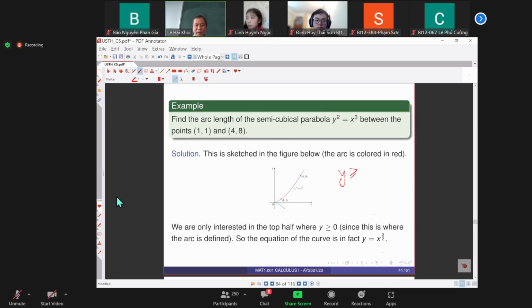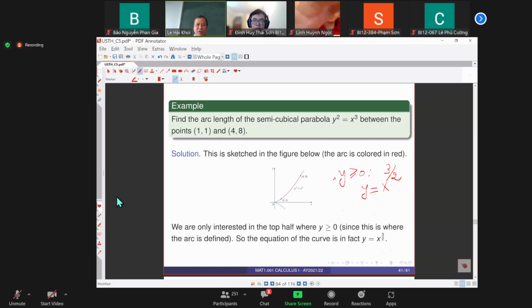When y is non-negative, you have y equals x to the power 3/2. But for y negative, you have y equals negative x to the power 3/2.